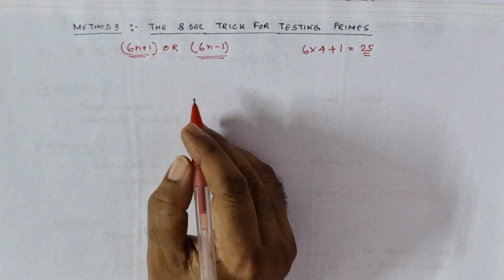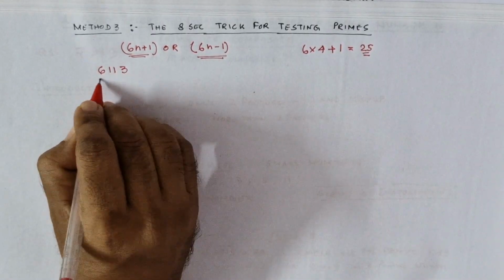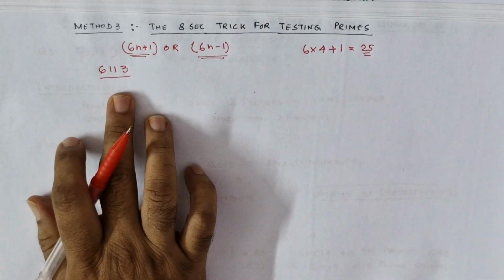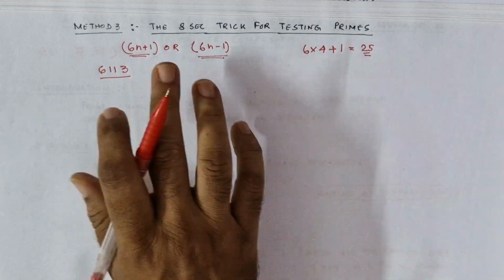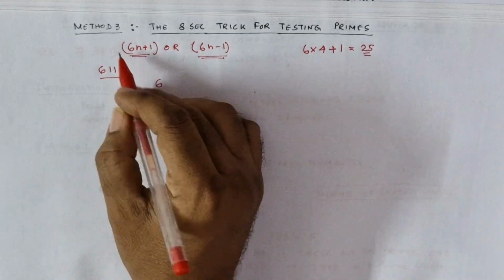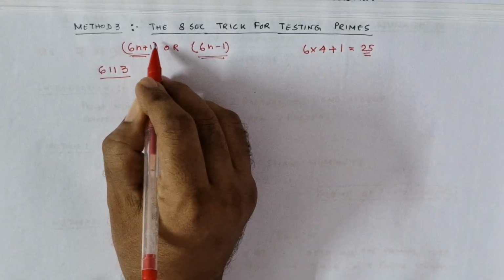Let's say I have a number 6113. As we know, the rule says that if this is a prime, it can be represented in this form.